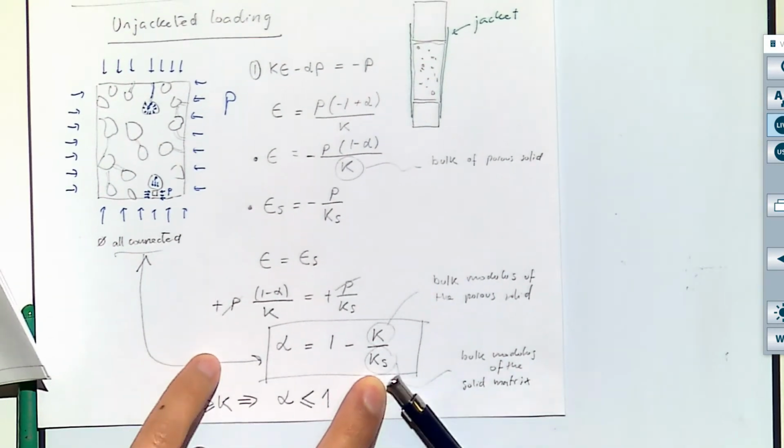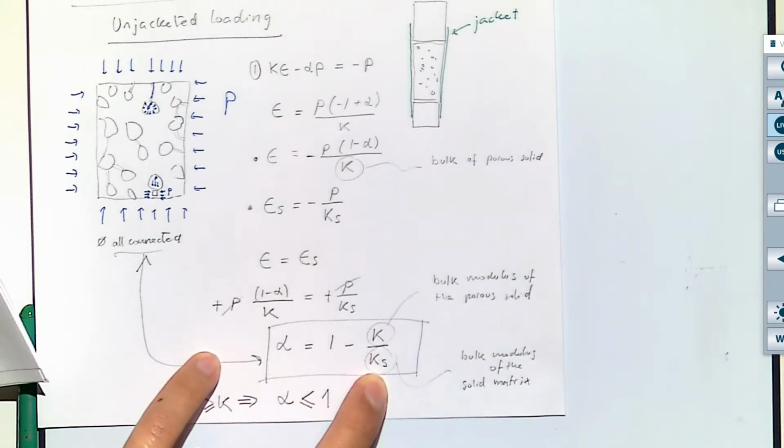If you're just interested in the bulk modulus of the solid, usually what you do is tests on materials that don't have any pores, like for example, a crystal of quartz or a crystal of calcite. So you look at a single crystal level. Sometimes you have large crystals that you can use to measure these Ks.